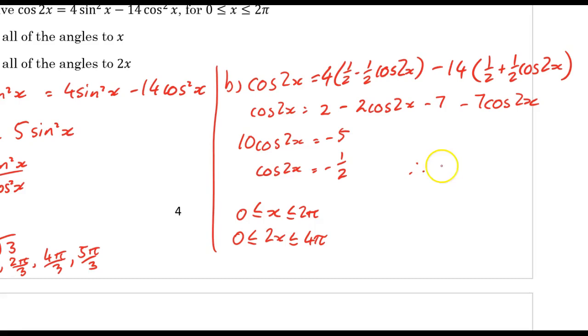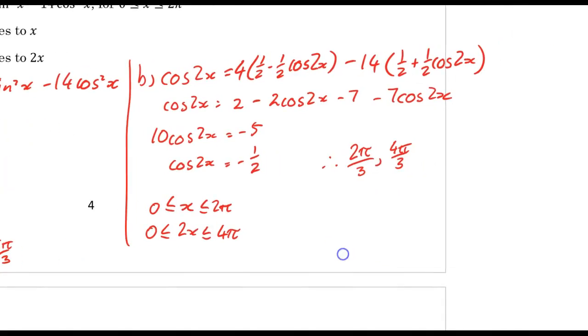So I'm going to have 2 pi on 3, my related acute angle is pi on 3, inverse cos of 1/2. So 2 pi on 3 and 4 pi on 3. They're my second and third quadrant angles.